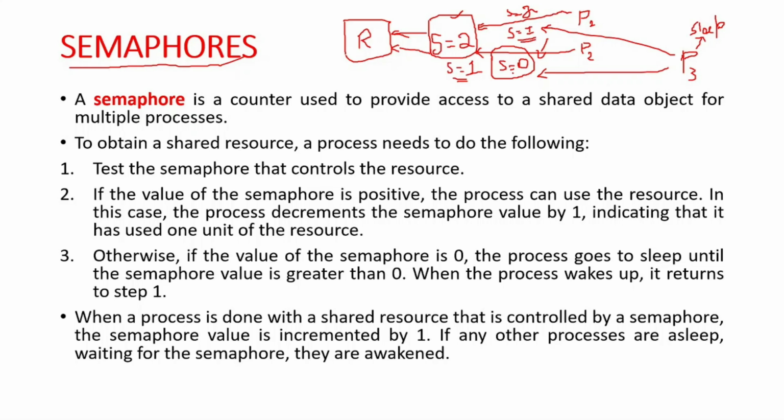The process currently accessing the resource releases it by incrementing the semaphore value, and the sleeping process checks the semaphore value and can access the resource by decrementing it. So this is how I can have controlled access to the resource based on the semaphore value.